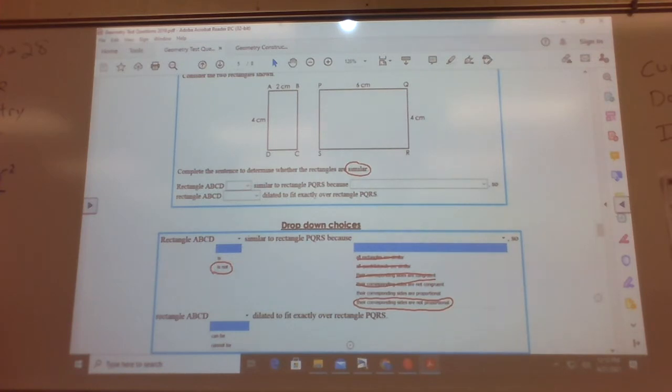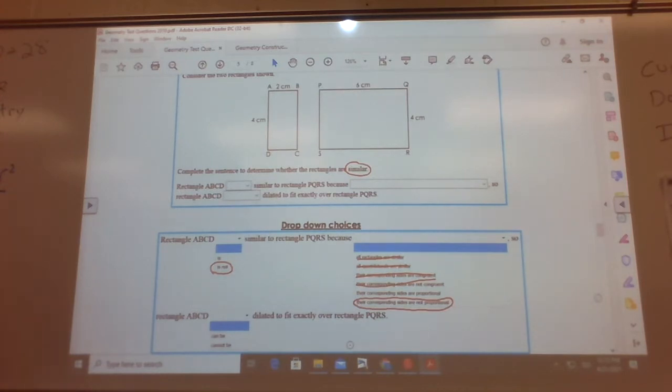What do you think? It can or cannot? It can't. Being similar and being able to be dilated mean kind of the same thing, because dilation means you're growing the same amount all the way around. We already said that it wasn't similar. We didn't multiply by 2 all the way around.